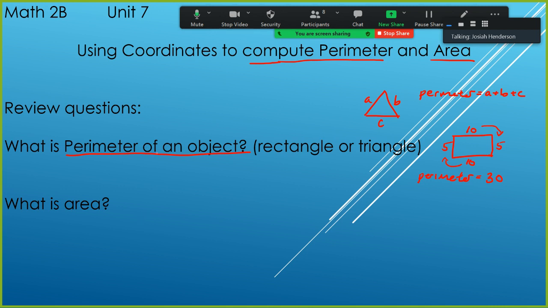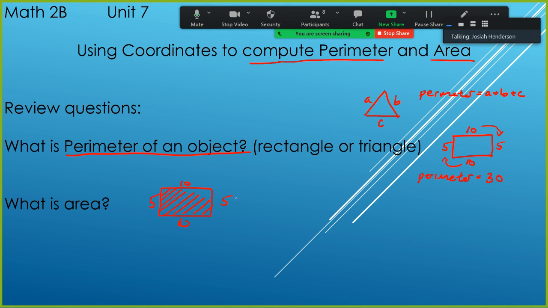So perimeter is the distance around, no matter what shape we're dealing with, it's the distance around. Area is the space inside. So if we had our same rectangle of 5, 10, 5, and 10, the area is telling us how much flat space it takes up to make this rectangle.